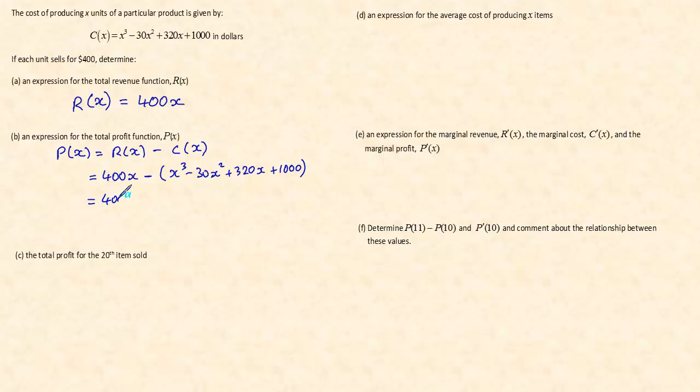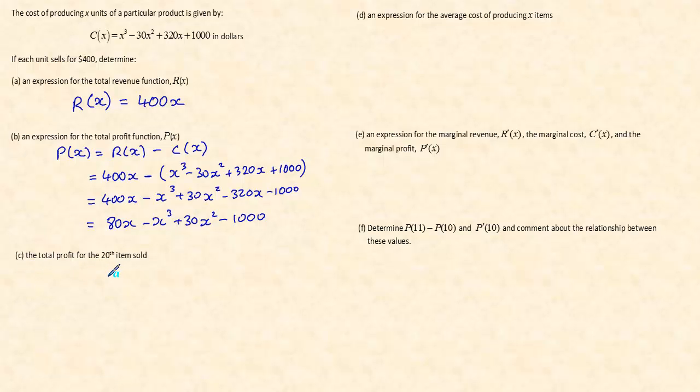So that's 400X minus X cubed plus 30X squared, take away 320X, take away 1000, and tidying that gives us 80X minus X cubed plus 30X squared minus 1000.